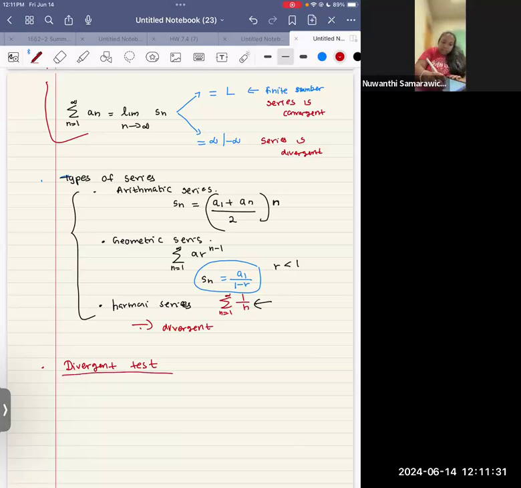What is the divergence test? If you show that the limit as n approaches infinity of a sub n is not equal to 0, then we can say the series is divergent.